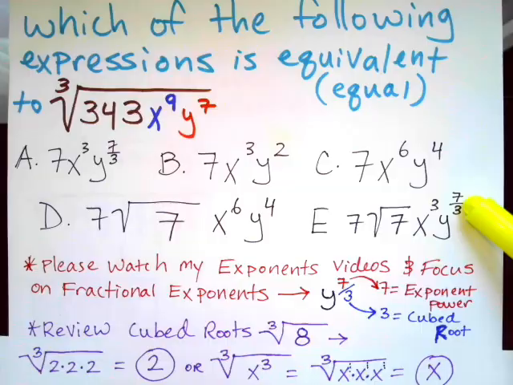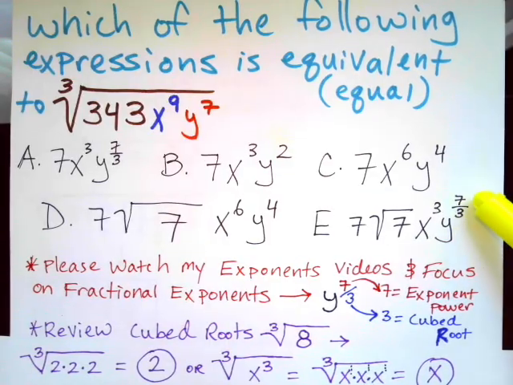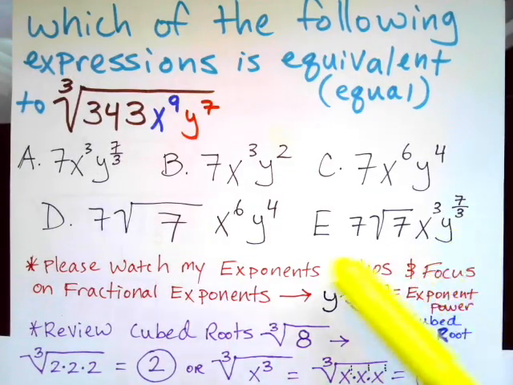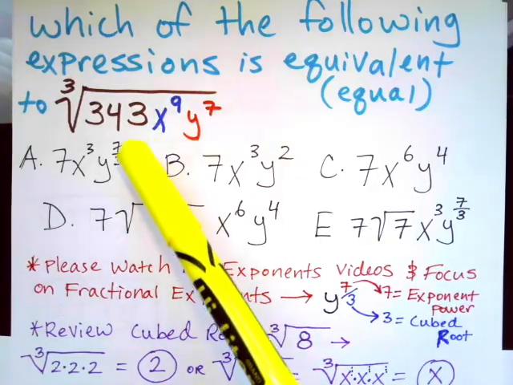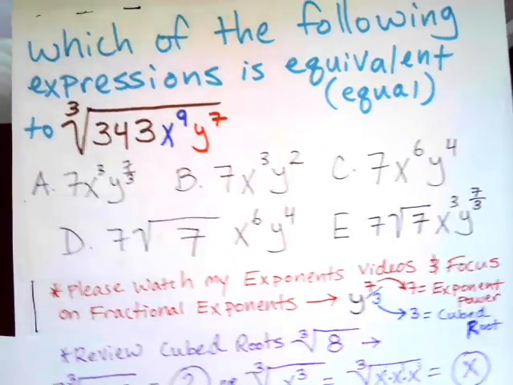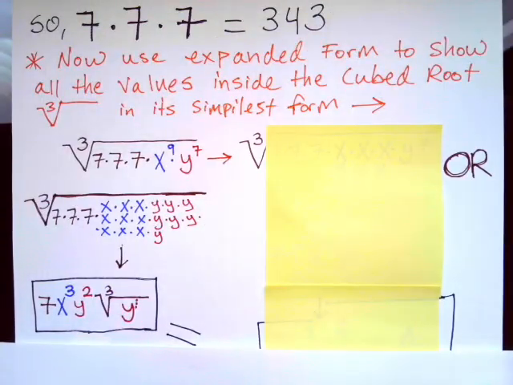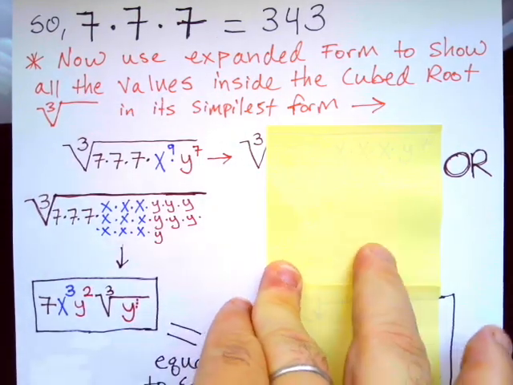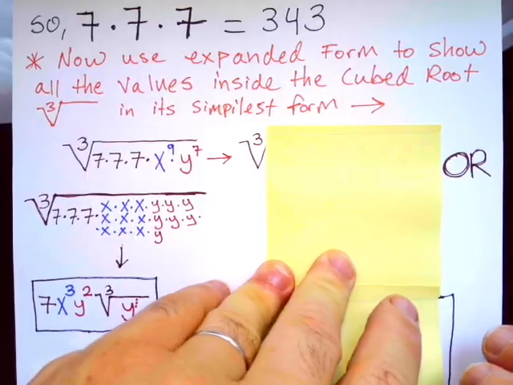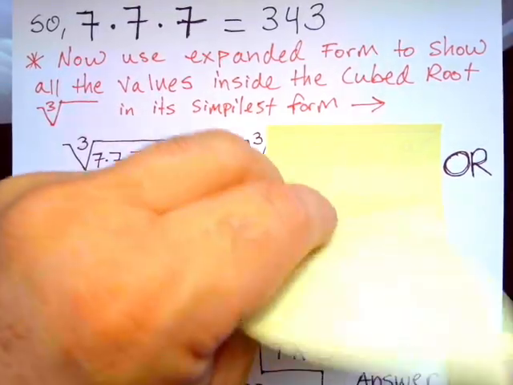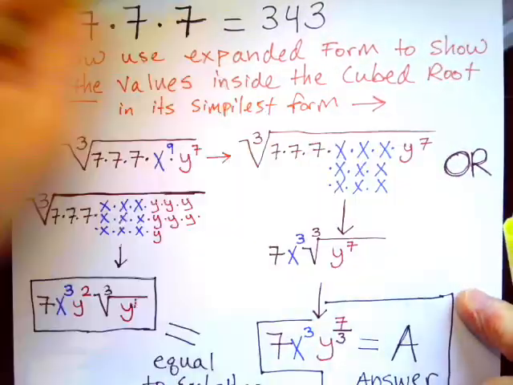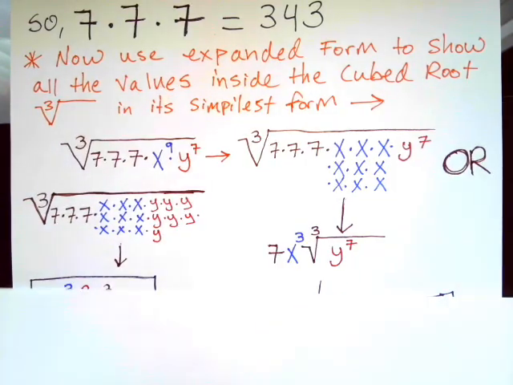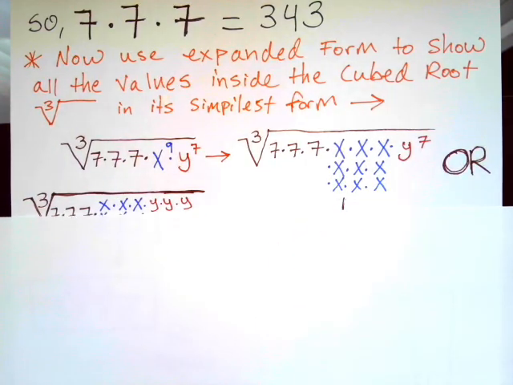The key is the fractional exponents: 7 to the third power attached to the y. Let me show that to you now. I'm pressed for time, I'm only allowed so much time with these videos, so let me show that to you by breaking it down in another way.